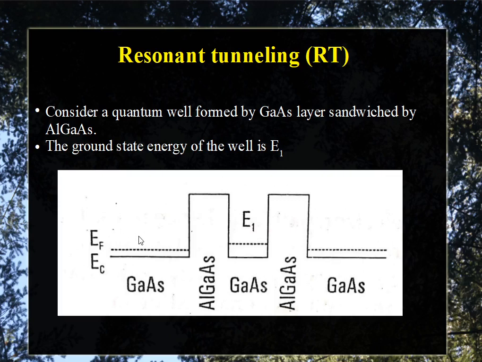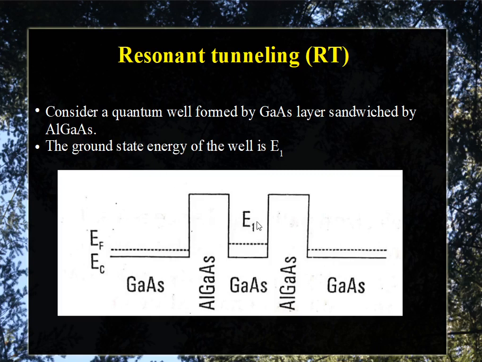So by default there is a barrier here. Some of the electrons in the gallium arsenide can cross the barrier and move towards the quantum well. In the same manner, gallium arsenide on the extreme right will have some electrons that can also move across this barrier. So there will be tunneling.